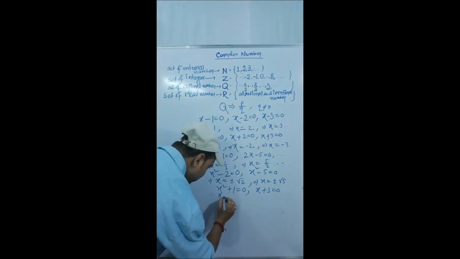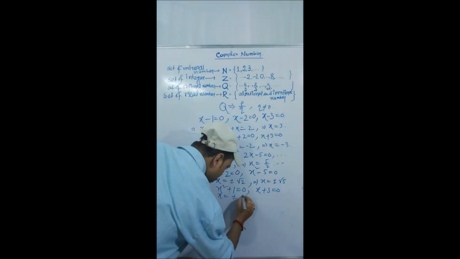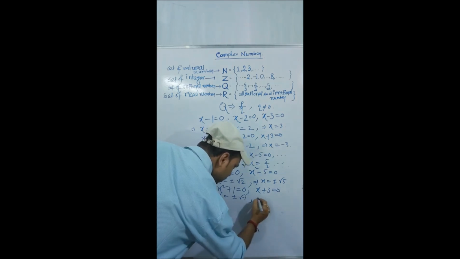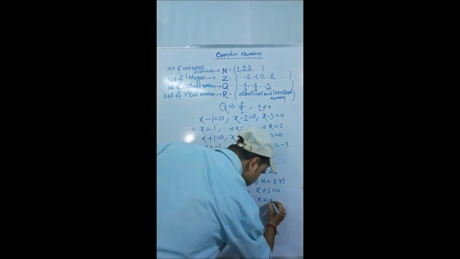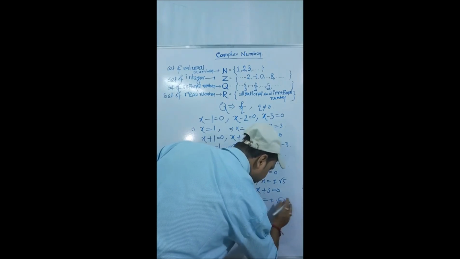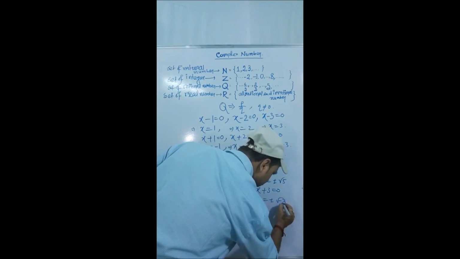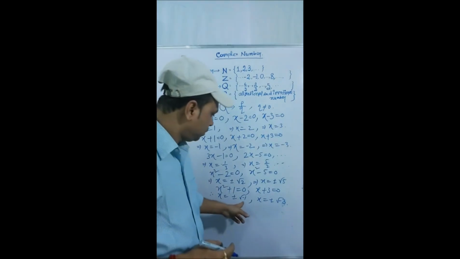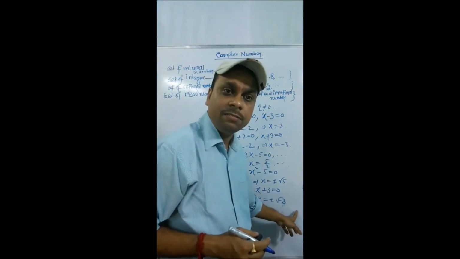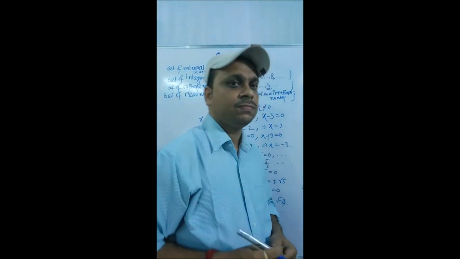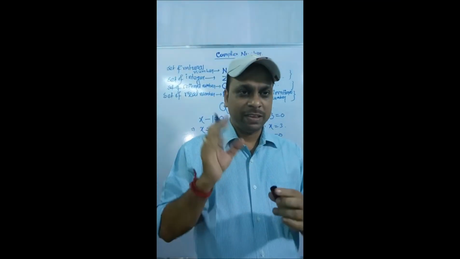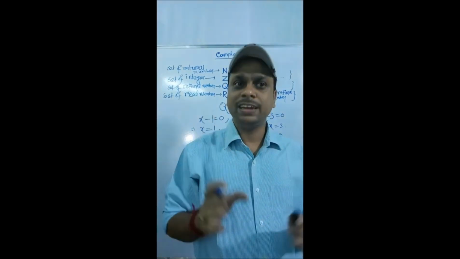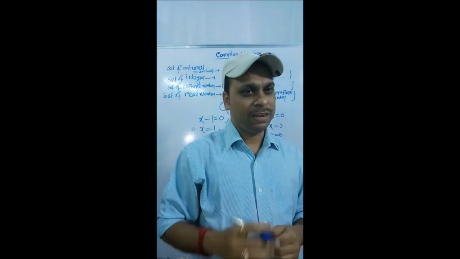Therefore, x equals plus or minus root of minus 1, and x equals plus or minus root of minus 3. These are not real values, but to reach the specific goal, it is necessary to solve the problem.